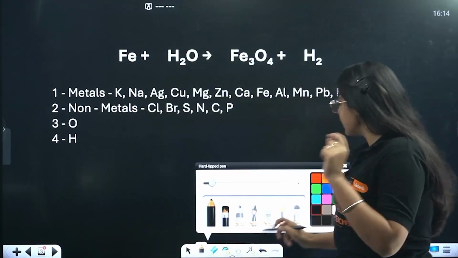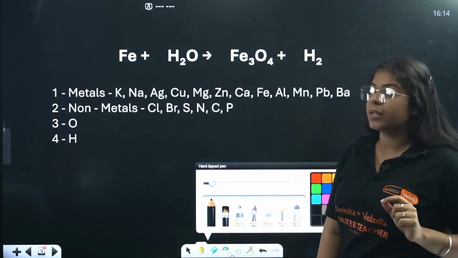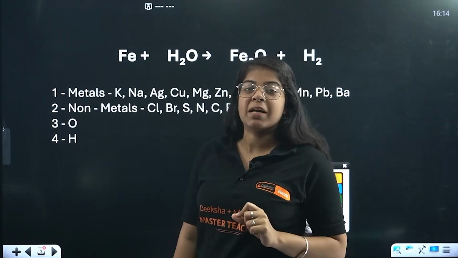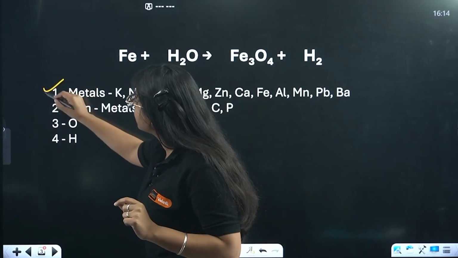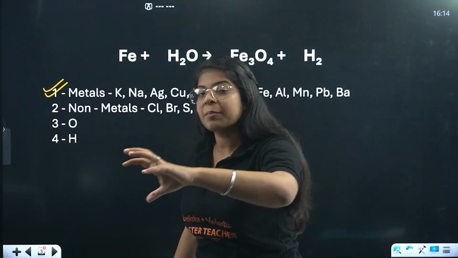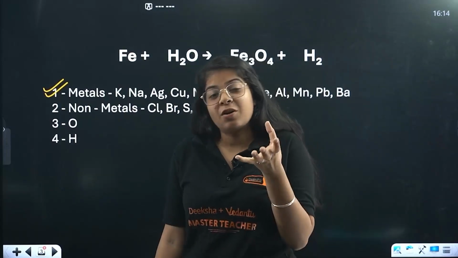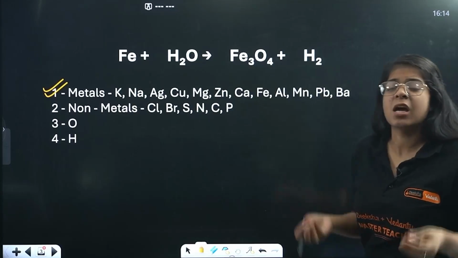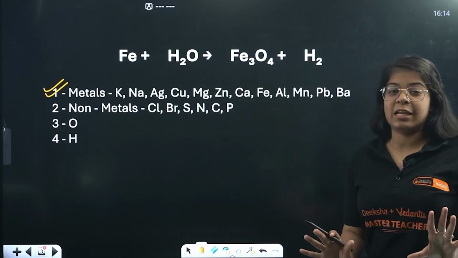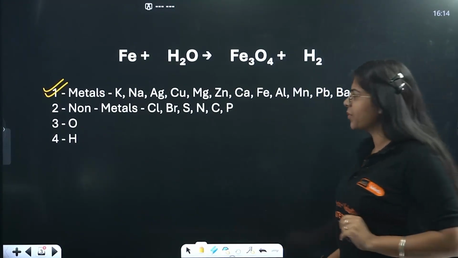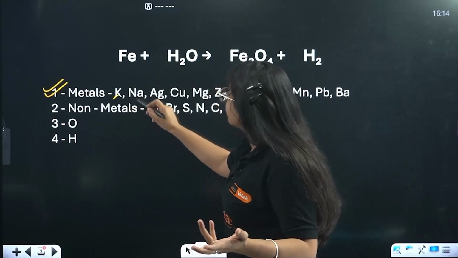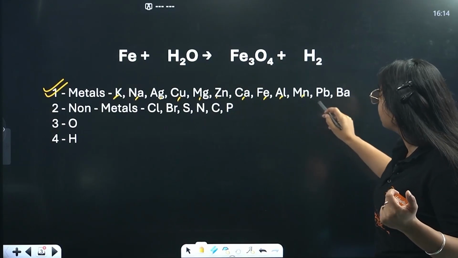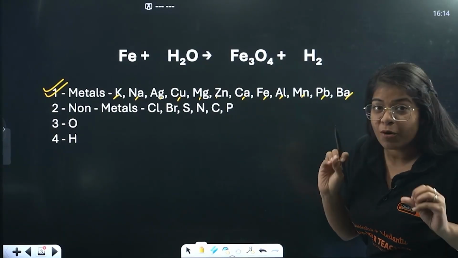Now, this is a very important point, and this is why you get confused, because you don't know the order. Every time you start balancing a chemical equation, you have to start with the metal. So you have to learn what the metal is in the equation. Here is the list: potassium, sodium, silver, copper, magnesium, zinc, calcium, iron, aluminium, manganese, lead and barium are some of your metals.